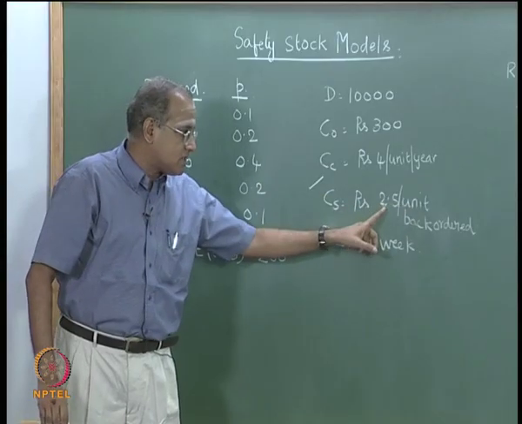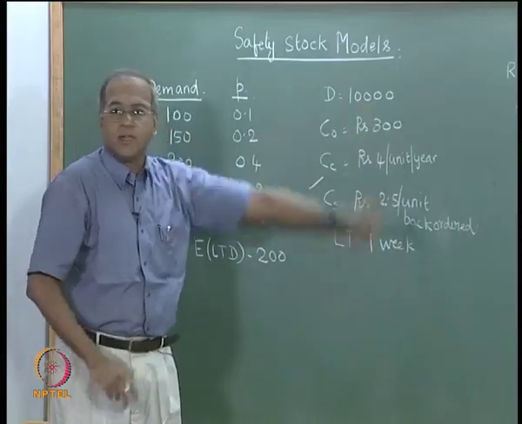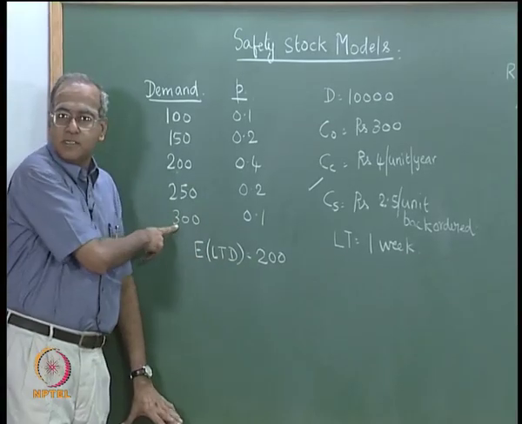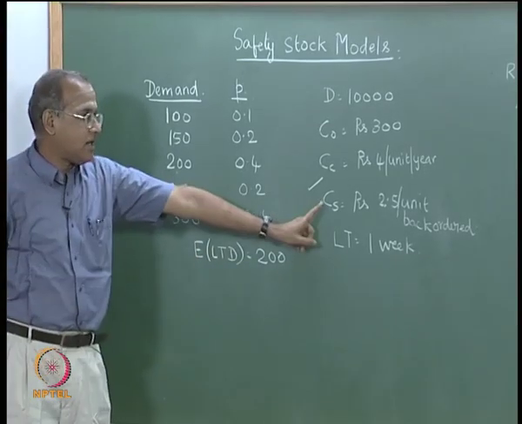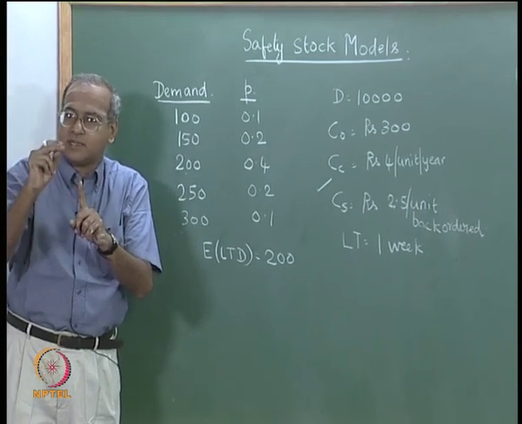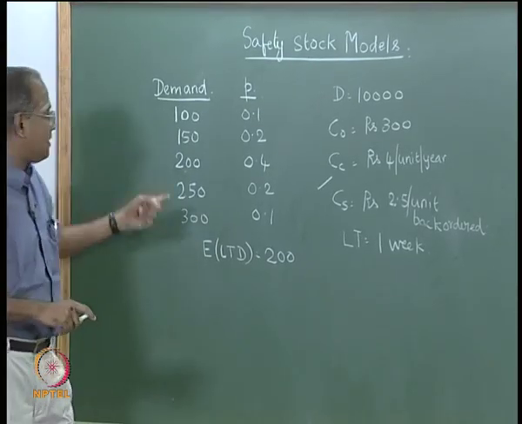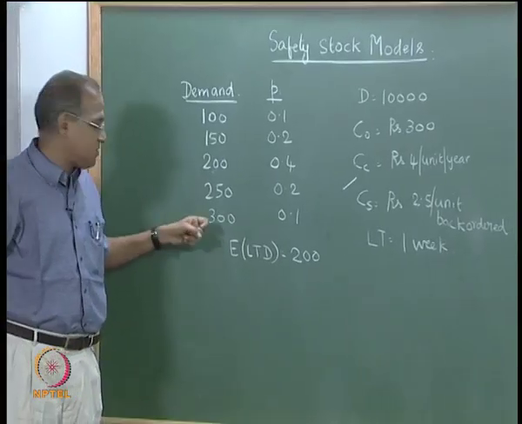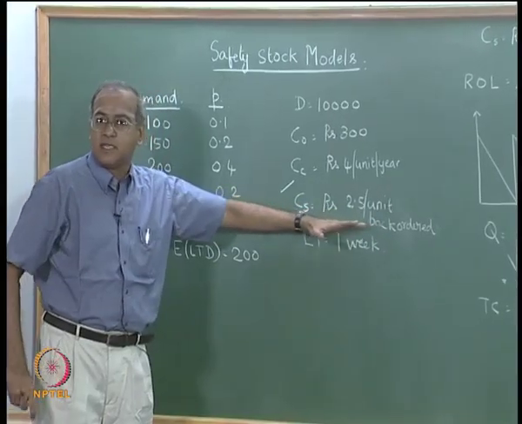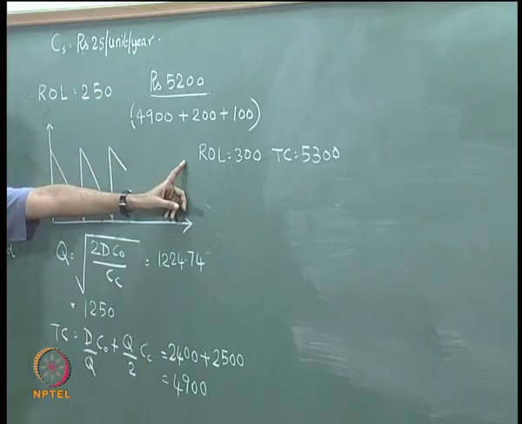For example, if this cost is going to go up and it is going to become 3 per unit back ordered, say, we could go through the computations, and for all we know we might find that 300 is the best value, because as the back order cost increases, you know that your buffer stock has to increase for the same service level, which means that it will move from 250 to 300. So if the organization is very sure about the CS, then one could go back and look at choosing 250 ahead of 300.